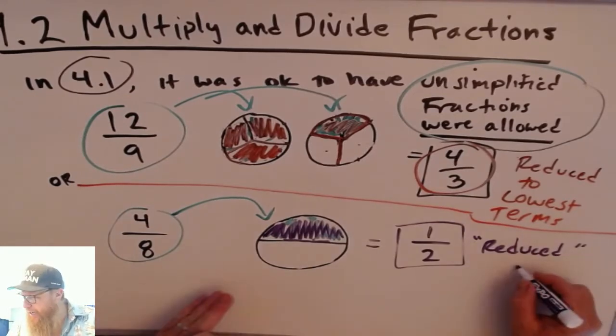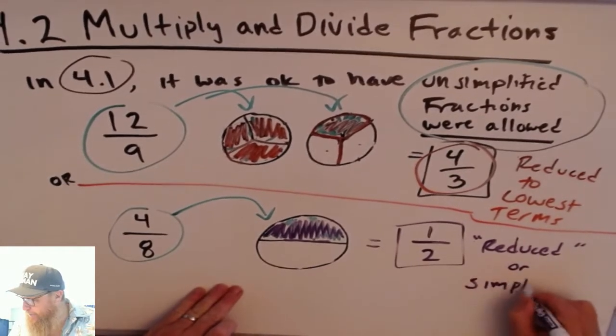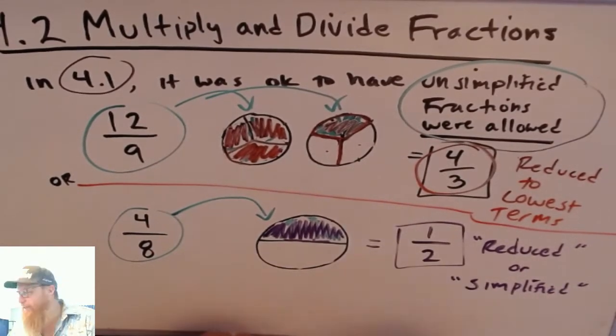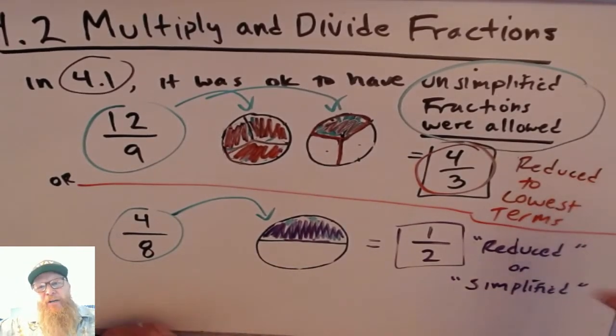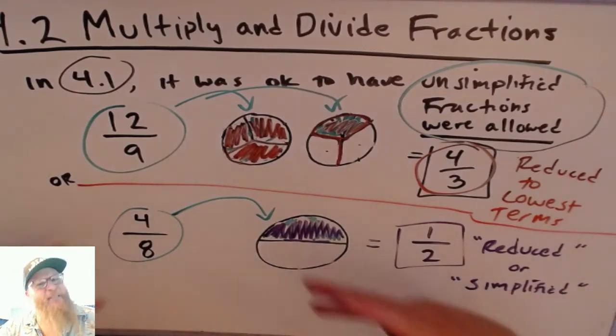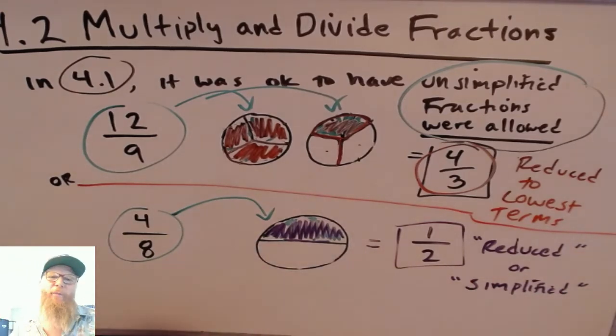We often just say reduced or we say simplified. So these all mean the same thing: lowest terms, reduced to lowest terms, simplified. Those are all synonyms for making the answer look as simple as we possibly can.